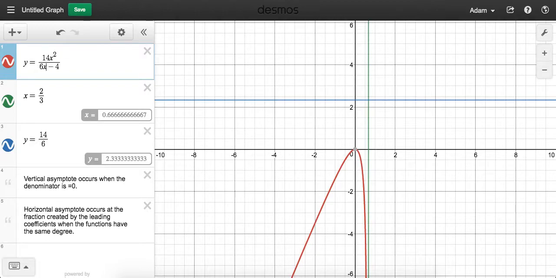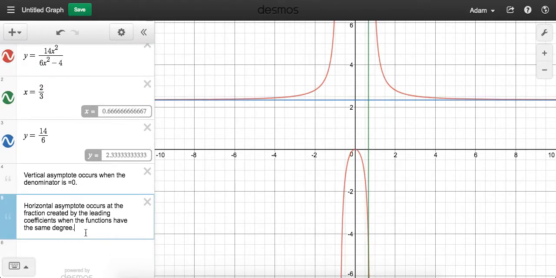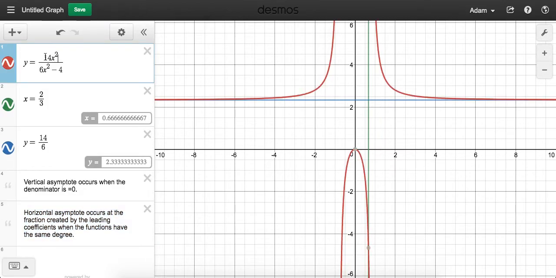But if I were to make this to the second as well, well, we do have an asymptote again at 2/3 as well as at 14/6, but we have a third one that we need to talk about, and we'll get more into that tomorrow. So I just wanted to show you that this, down here about horizontal asymptotes, is only true when the functions have the same degree. Okay, for now we are done.